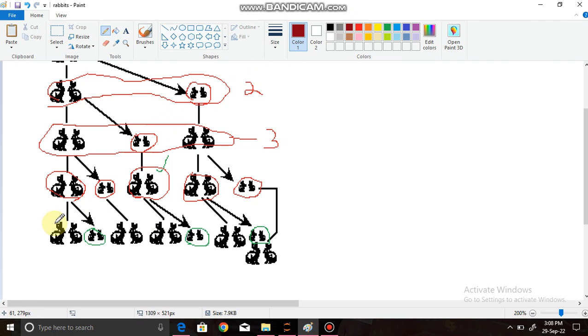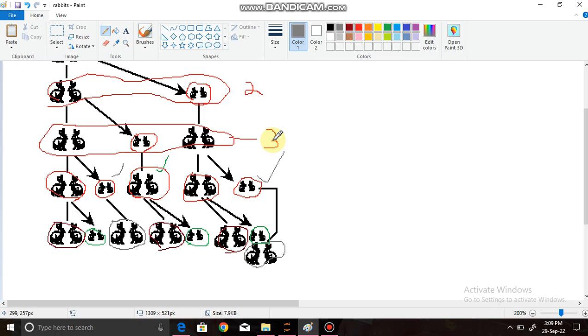These I mark in dark red, previous litter adults, and this is also previous litter adults. The young ones which are there also become adults over here in the next litter.